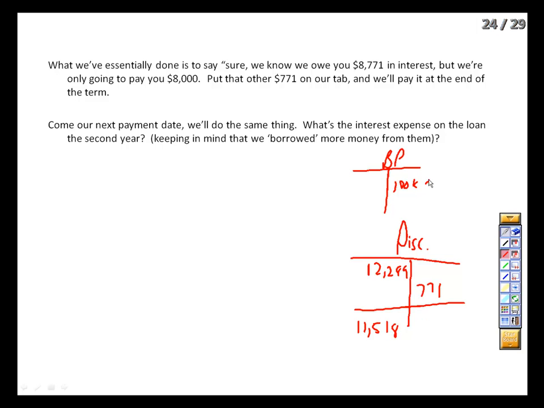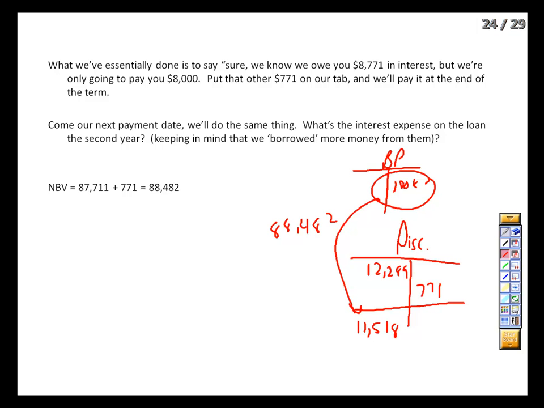So the net book value of the note is now $100,000 minus $11,518, or $88,482. Alternatively, we could think of it as $87,771 plus the $771 that they put on our tab is equal to $88,482.